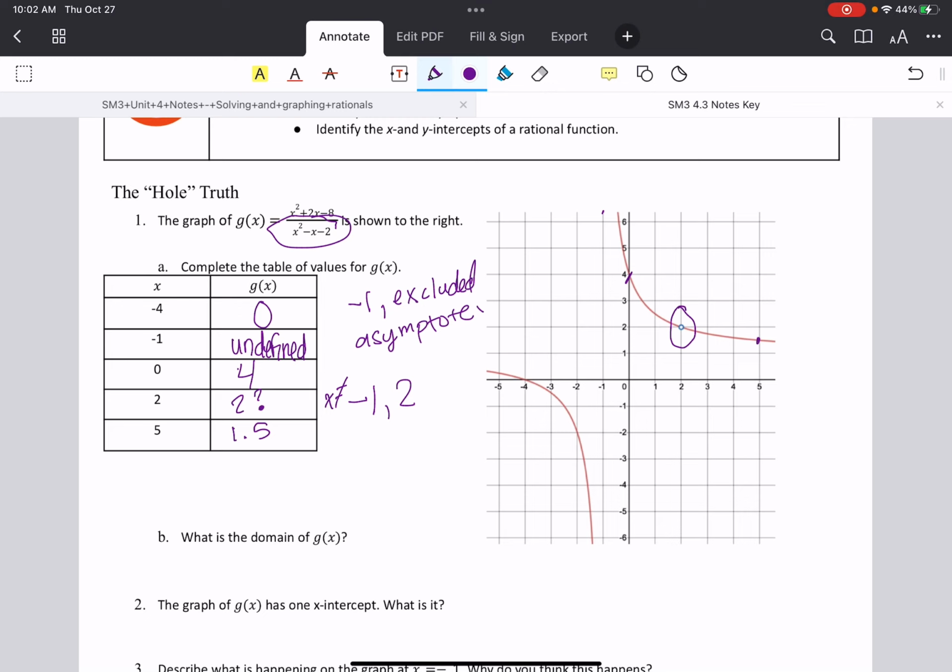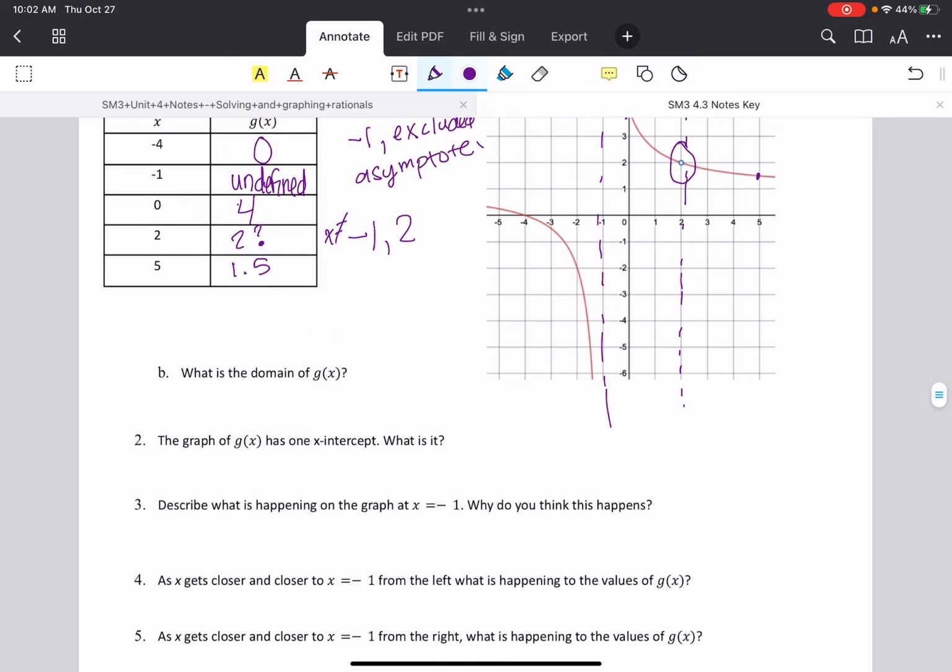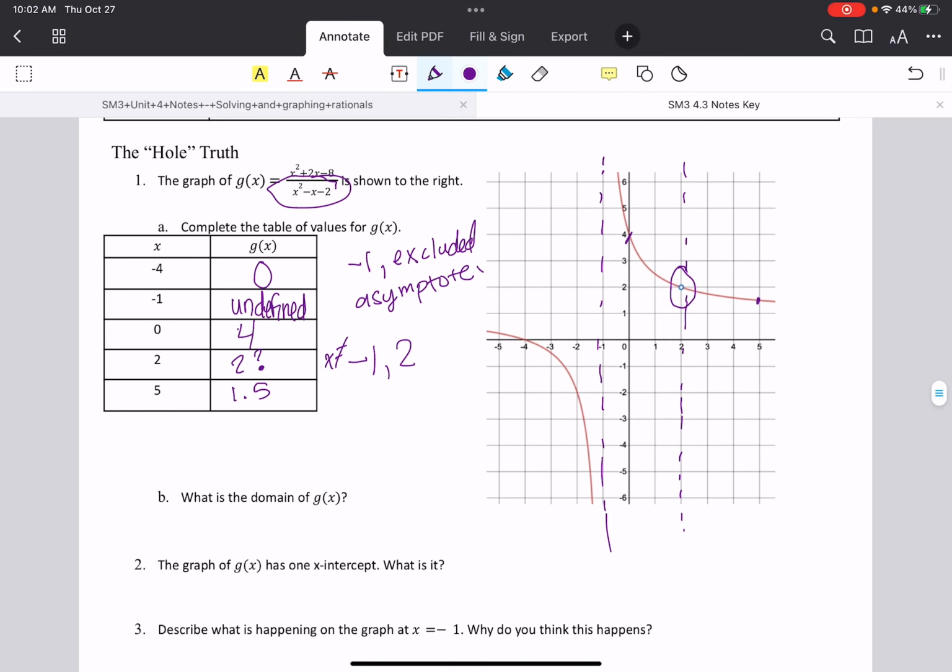However, that would mean this should have a dotted line right here, right? Well, there's a dotted line at -1, so that makes sense. But this is not an asymptote. It's a hole. Good. Okay, so I want us to look at this equation. X squared plus 2x minus 8 over x squared minus x minus 2.